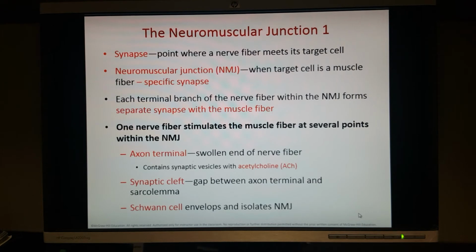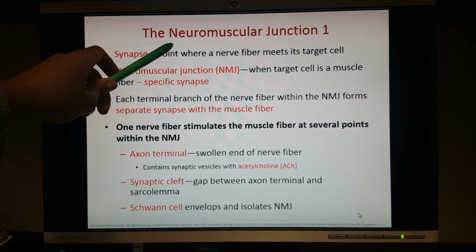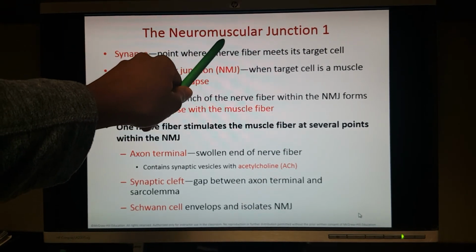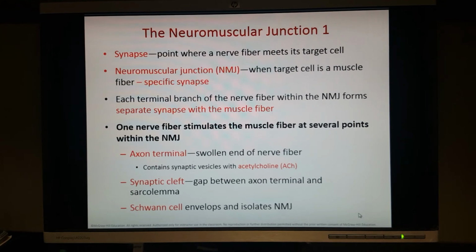To get the nerve signal from your neuron to your individual muscle cells, this happens at the neuromuscular junction. So think neuro for our neuron or a nerve cell, making a connection with the muscle cells. So it actually doesn't physically touch it, but is very, very close to that muscle.